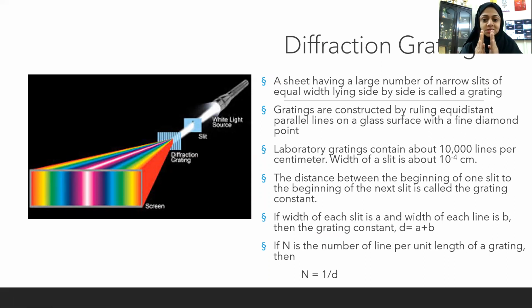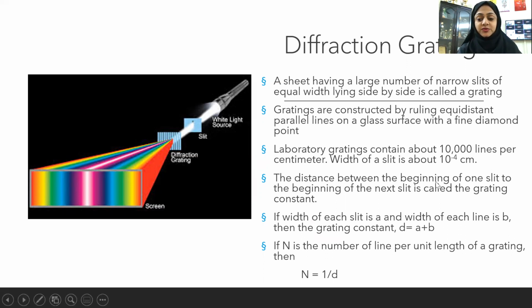So that distance between two scratches will act as a slit, allowing the light to pass through. And the width of that slit is about 10 raised to minus 4 centimeter. So with a width of each 10 raised to minus 4 centimeter, there will be scratches or lines made with a fine diamond point on a small piece of glass.